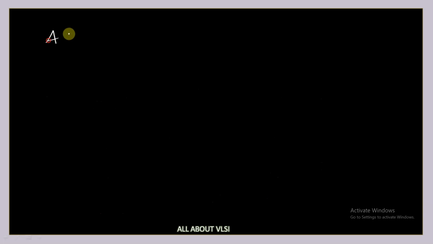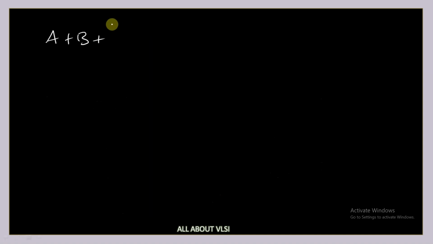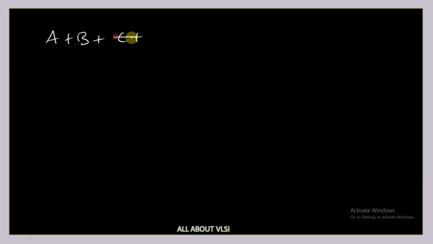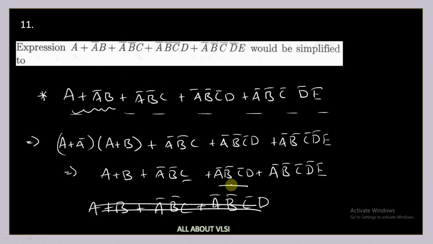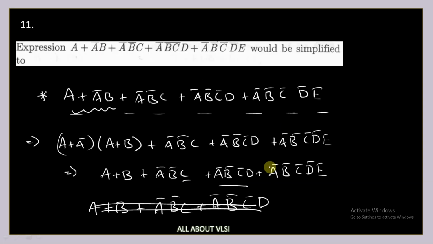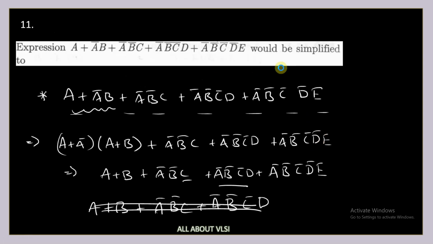This is nothing but a + b + ... I can simply take a̅b̅ common now. a + b + a̅b̅ if I take common, then (c + c̅d), followed by a̅b̅c̅d̅e.